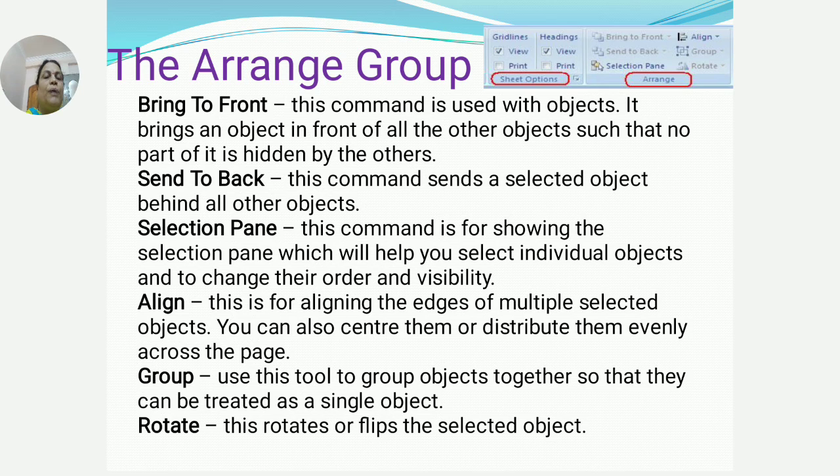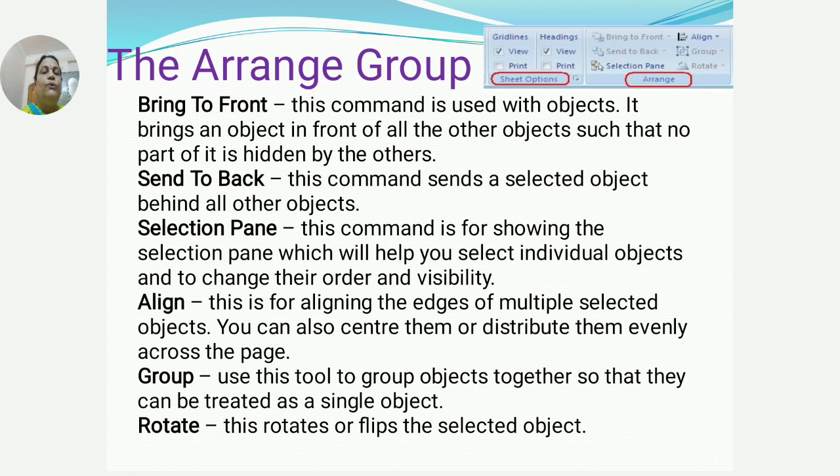Next, group command. Use this tool to group objects together so that they can be treated as a single object. Suppose, for example, you have a table and you have a picture. Unless and until you group the table and picture, you cannot select both at a time.